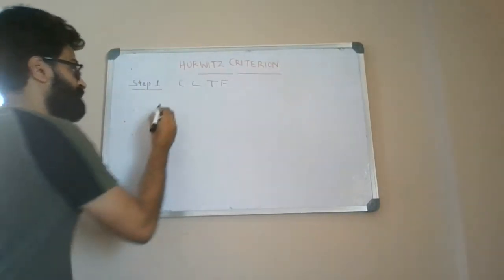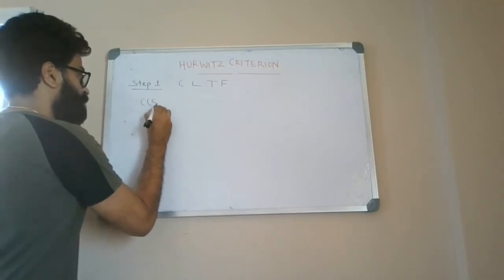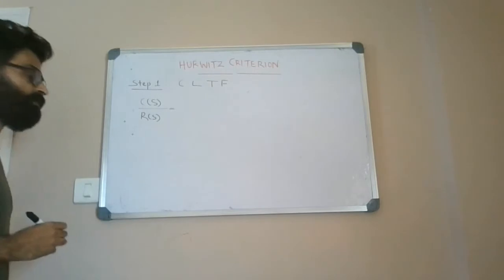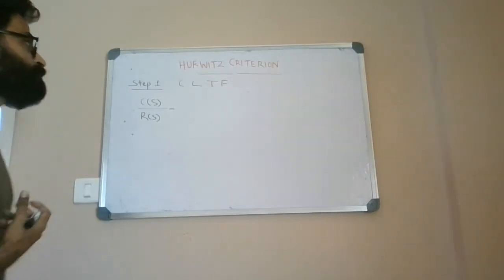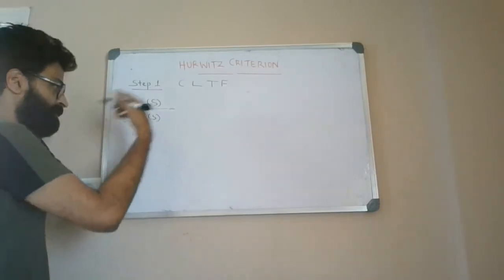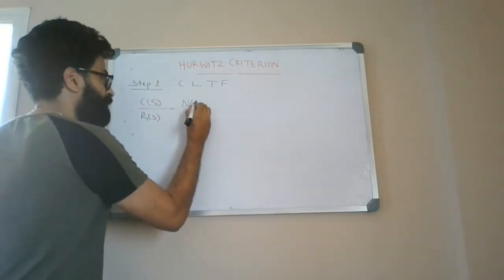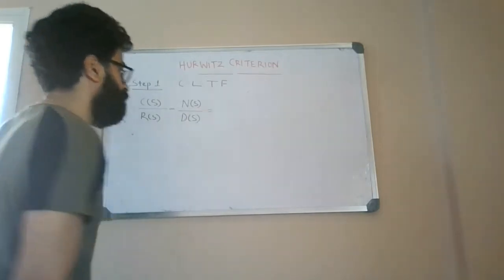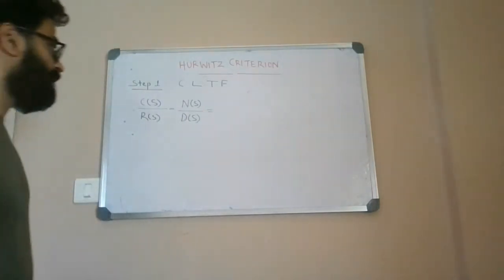Now, the closed loop transfer function you need to express in a particular form. In stability analysis, our transfer function should be in numerator by denominator polynomial form, say N of s by D of s.